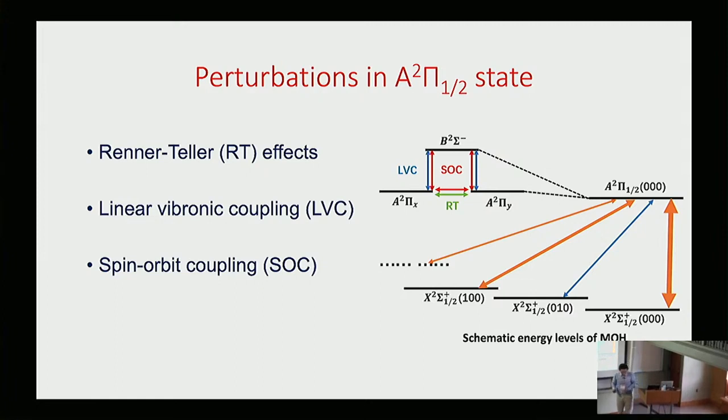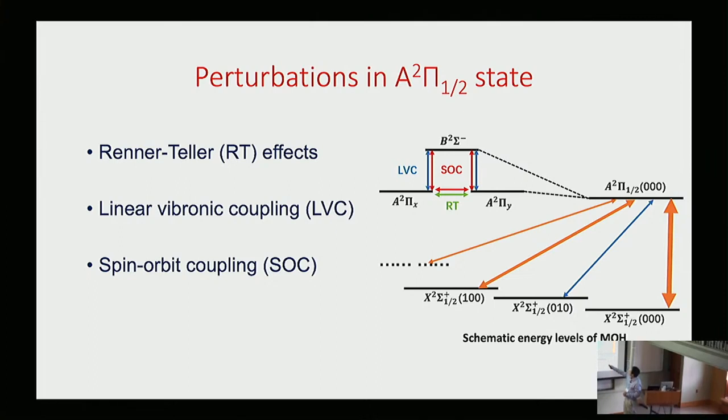So the perturbations relevant here are the Renner-Teller coupling within the degenerate A state, and basically second order non-adiabatic coupling between the degenerate A state, and then there is a direct vibronic coupling between the A and B states.